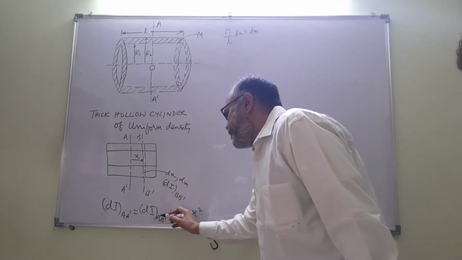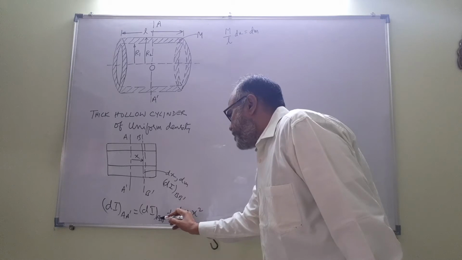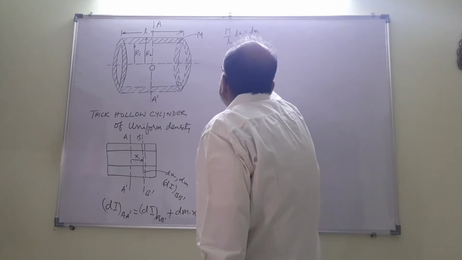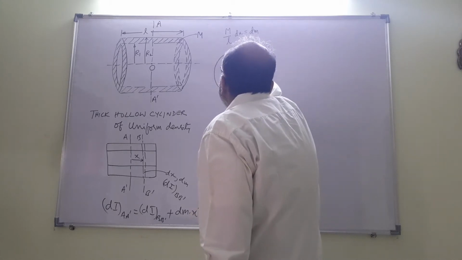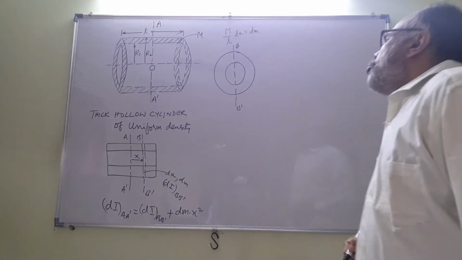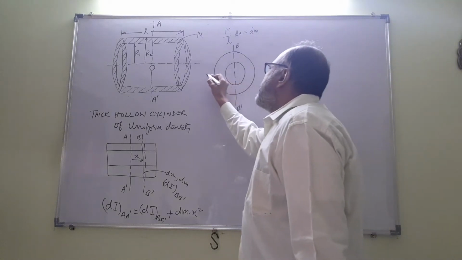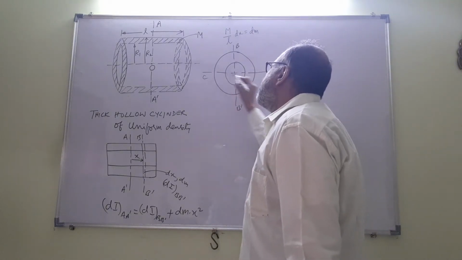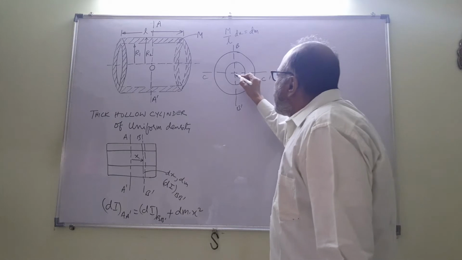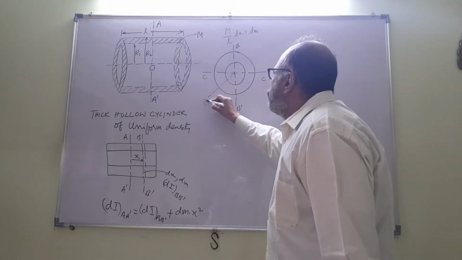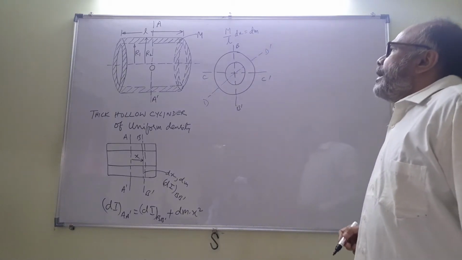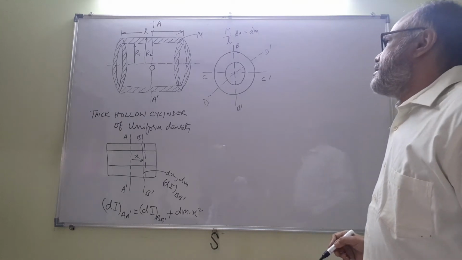Now, how do you find dI with respect to the axis BB dash? Let us show that annular disc here. This is the annular disc, and this is the axis BB dash. We shall consider a perpendicular axis CC dash in the plane of the disc and another axis out of the board, DD dash, and apply the perpendicular axis theorem.